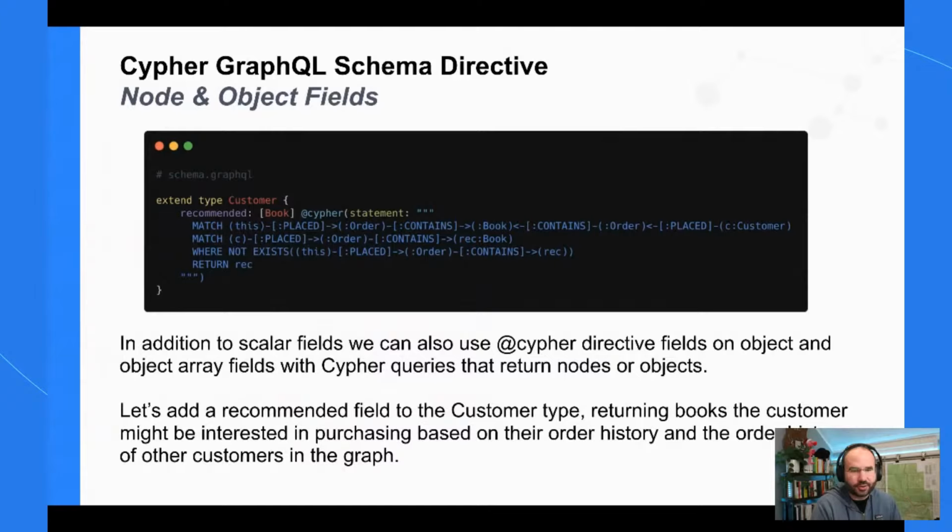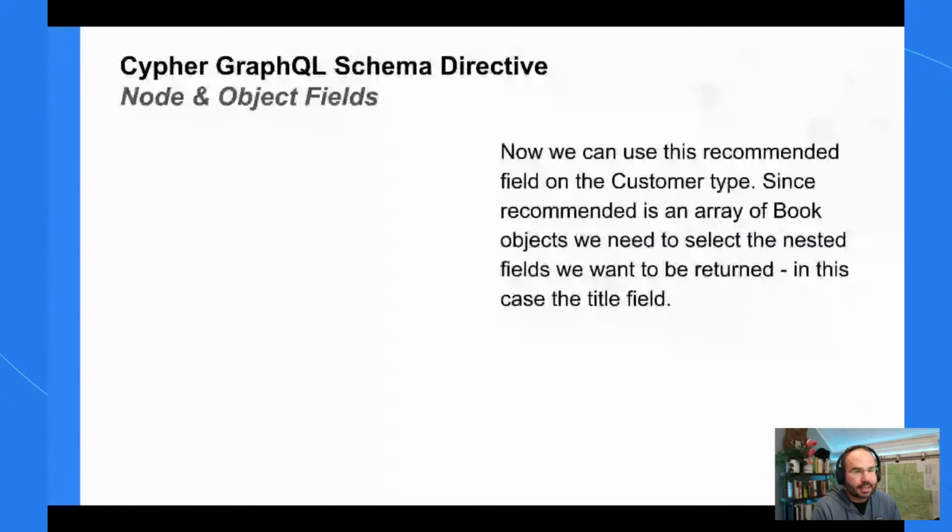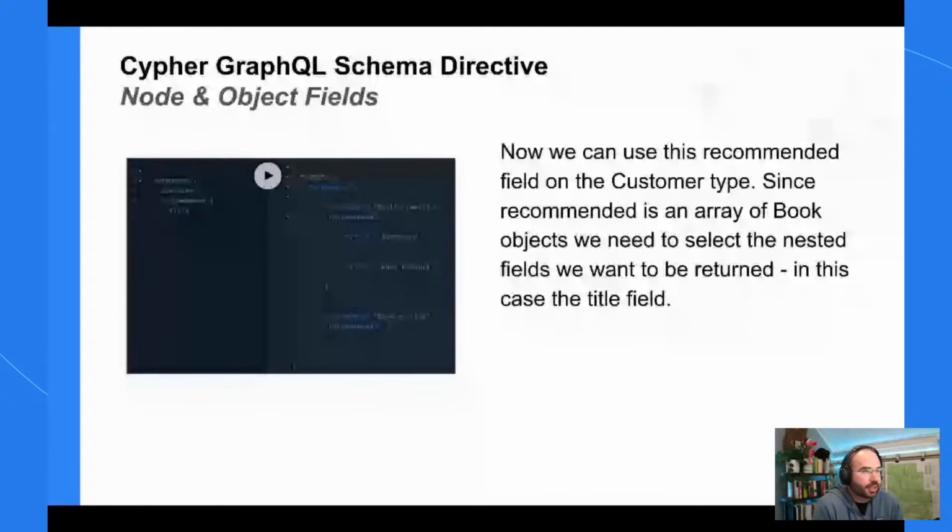So previously we were returning a scalar value. We can return nodes from our Cipher queries in the Cipher schema directive that map to our GraphQL type system. In this case, we are returning book nodes. And again, similarly, this recommended field is just another field, an array of books.